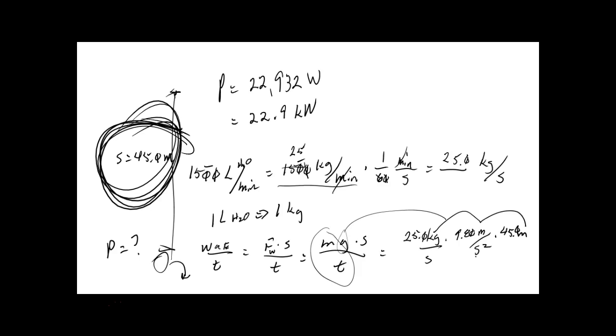You do 25 times 9.8, that would be about 240 something. Okay, and multiply that by 45. 11,000. Where did you get the 22,000?